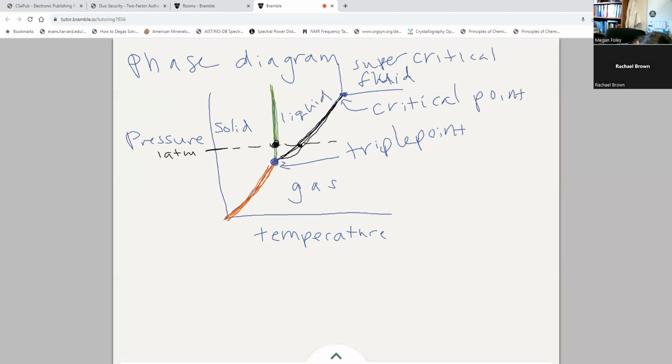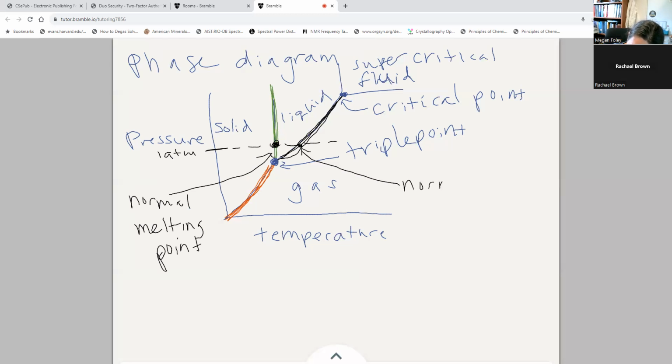So this right here would be our normal melting point, which is literally just the melting point when we're at a pressure of 1 atmosphere. And then this one right here is our normal boiling point, which is our boiling point when we have an atmospheric pressure of 1 atmosphere, which is the most normal one.